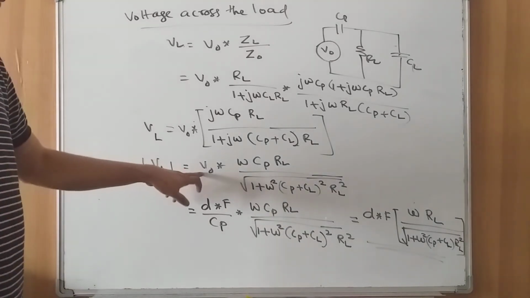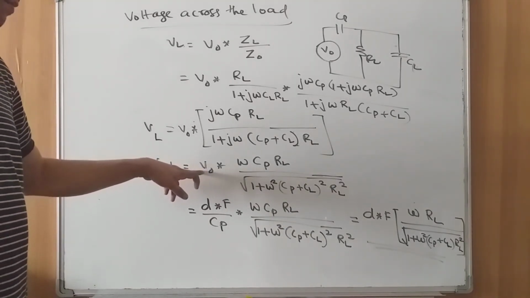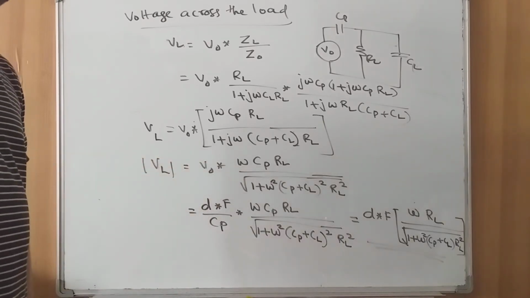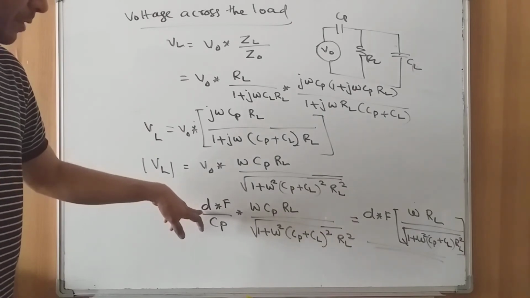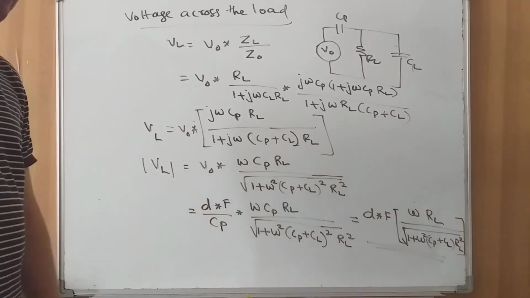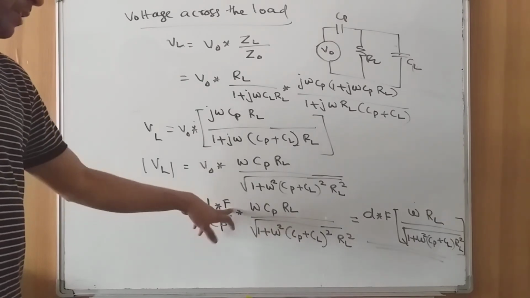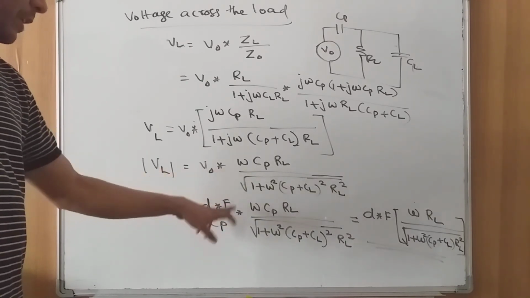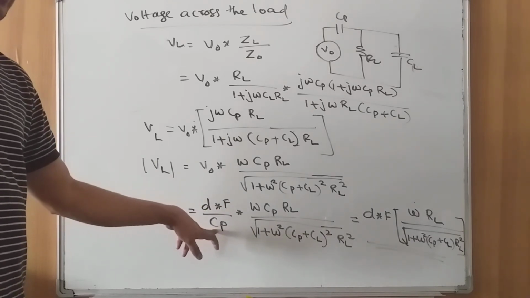We already discussed in the past that the voltage generated in the piezoelectric transducer by the strain is calculated by the equation d into F divided by Cp, where d is the charge sensitivity, multiplied by the applied force, divided by Cp. So this V0 can be replaced by dF divided by Cp, where Cp is the parallel capacitance.